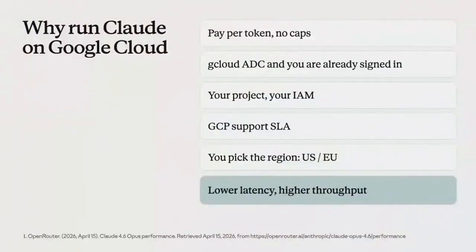At this point, you're probably familiar with this, and you're wondering, okay, but what is different from just using Claude Code with Claude models? Why use Claude on GCP, on Google Cloud? There are many reasons why you want to do this. First of all, because you pay for what you use.